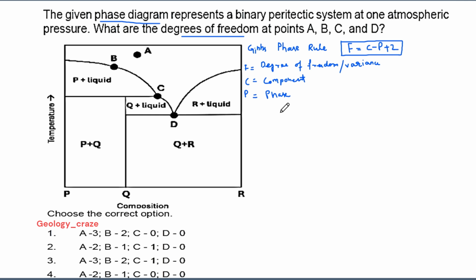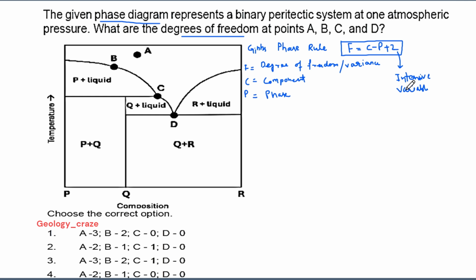Now coming to this 2, it means intensive variable. What is an intensive variable? From this formula we are understanding these things, and we are expanding these terms so that we can understand them properly.